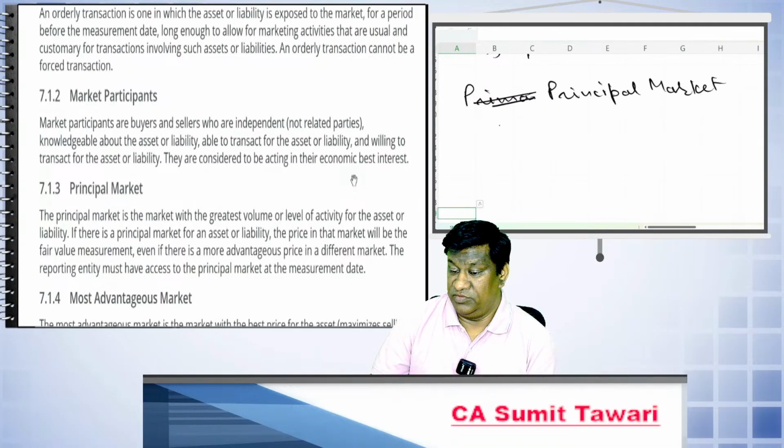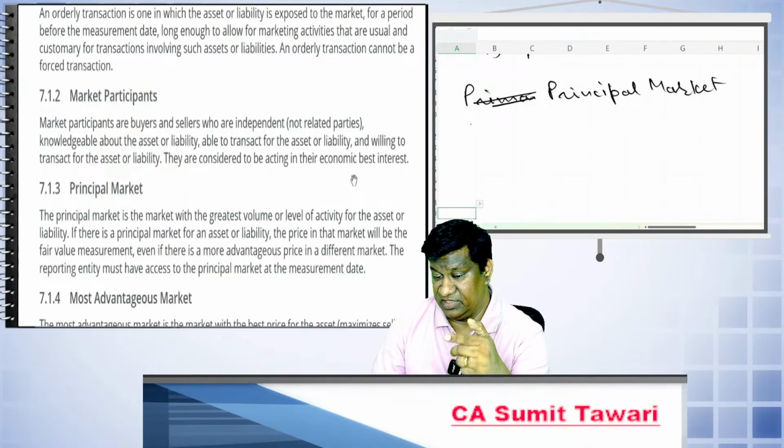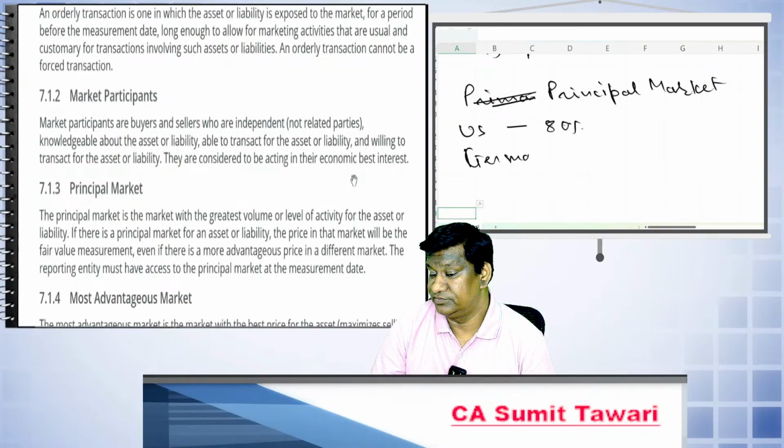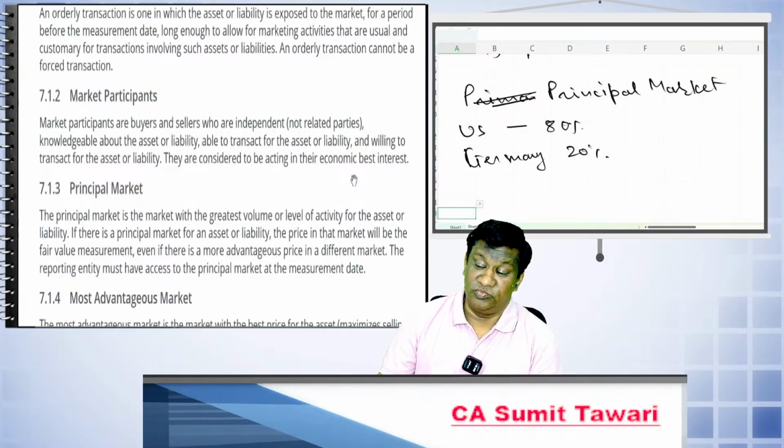As we saw, like the US market, here the trading is basically 80% of the transactions, and Europe or Germany 20%. So where is the most active market, or the greatest volume available?